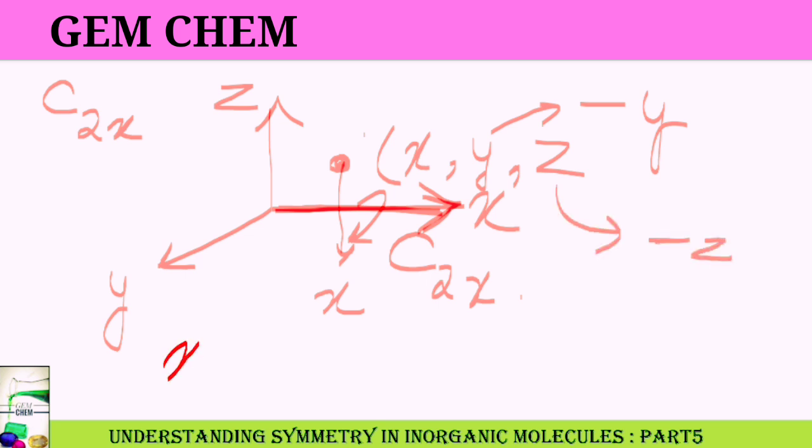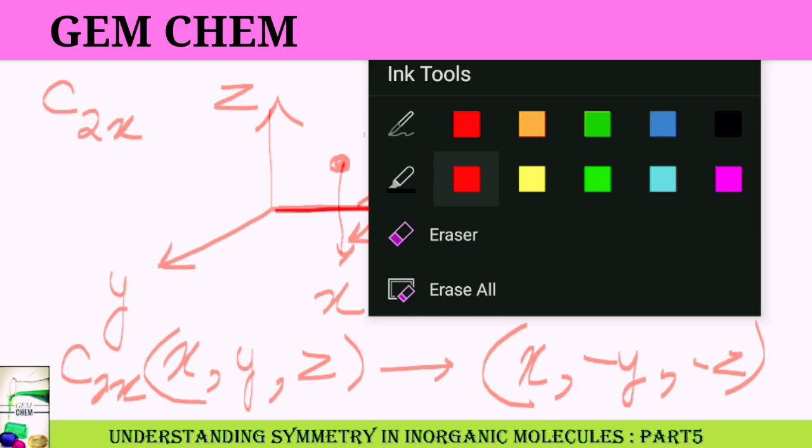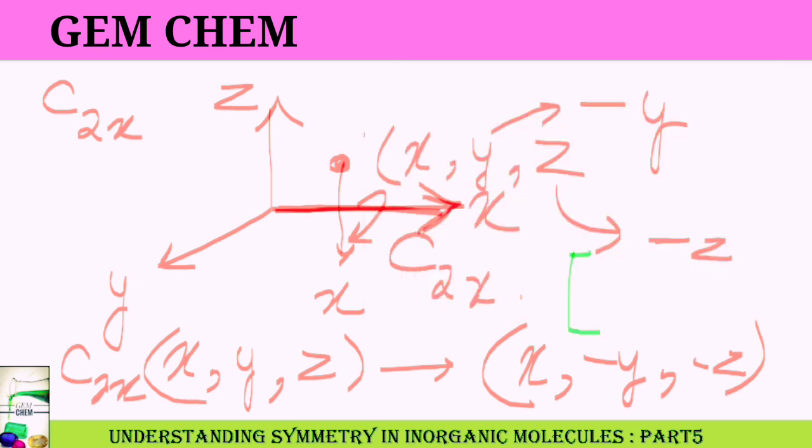So finally the 3 coordinates x, y, z on operating by C2x form x, minus y and minus z, and from here the matrix comes to be 1, 0, 0, 0, minus 1, 0, 0, 0, minus 1.